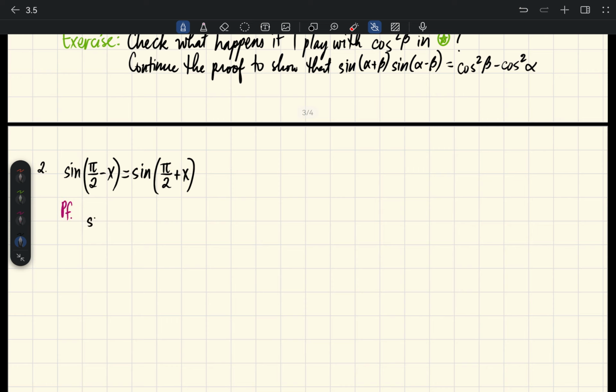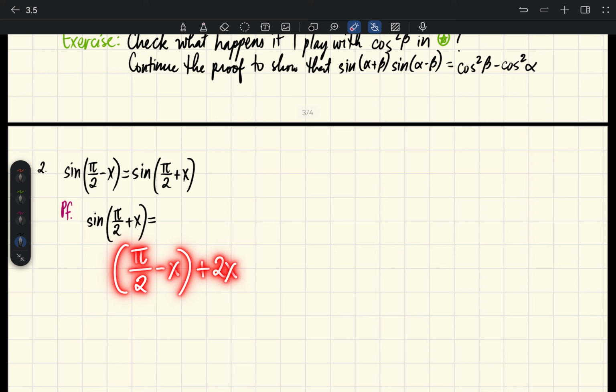Let's try and use sine of pi over 2 plus x. And observe that for sine of pi over 2 plus x, we can write it in this manner: pi over 2 minus x plus 2x. Why do we want to write this one in this manner?